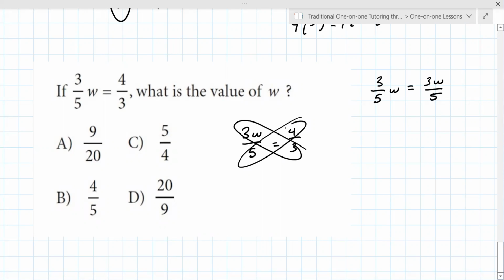Go ahead and do that and solve for W, please. So 20 equals 9W, divided by 9. So it'd be D. 9W equals 20. W equals 20 over 9.